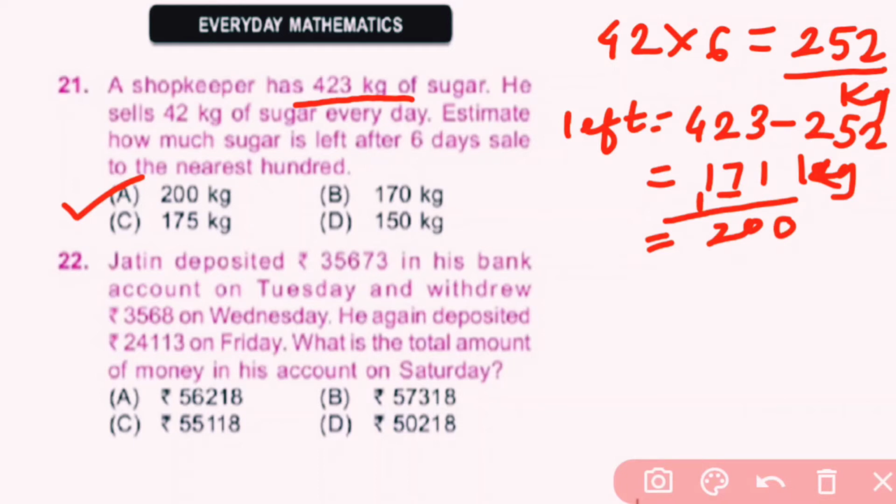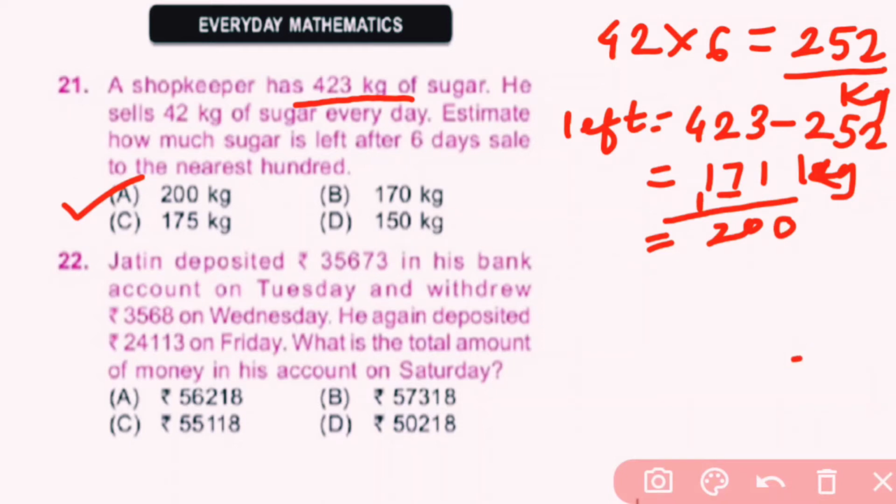Now question number 22. Jatin deposited rupees 35,673 in his bank account on Tuesday and withdrew 3,568 on Wednesday. He again deposited 24,113 on Friday.